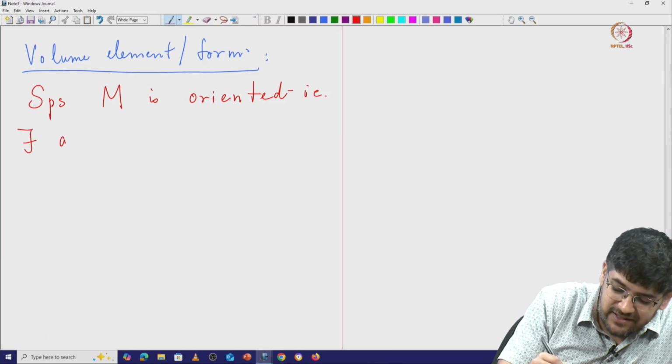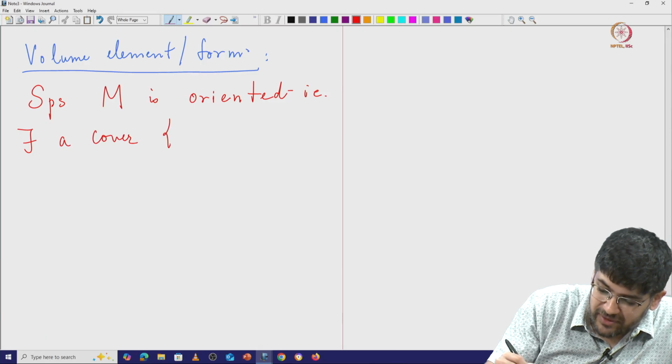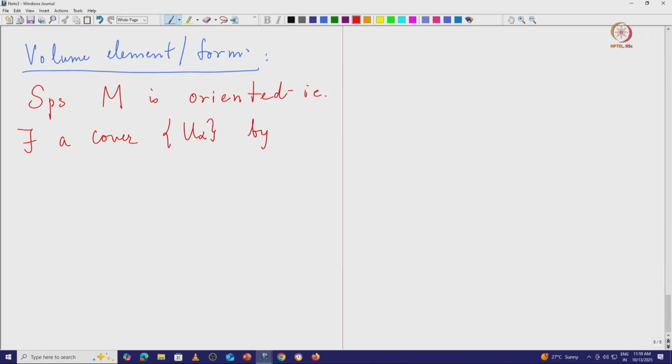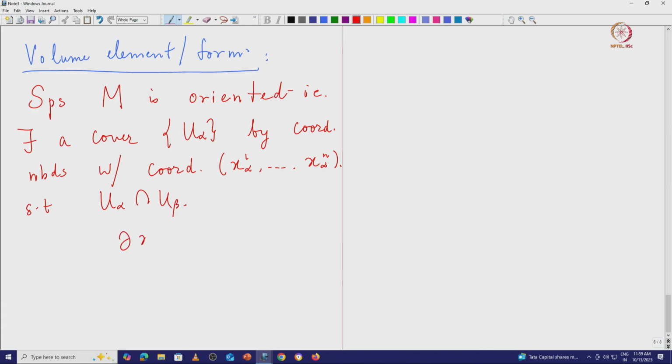That just means that there exists a cover U alpha by coordinate neighborhoods with coordinates that I will denote by x alpha 1 up to x alpha n, such that whenever two of these coordinate neighborhoods intersect, if you look at the corresponding Jacobian, that has positive determinant.